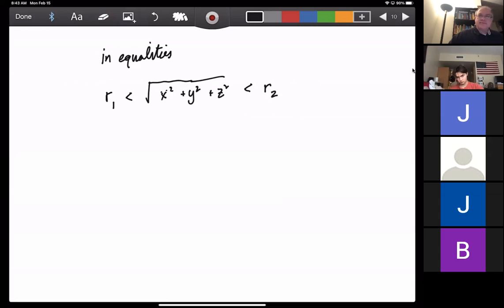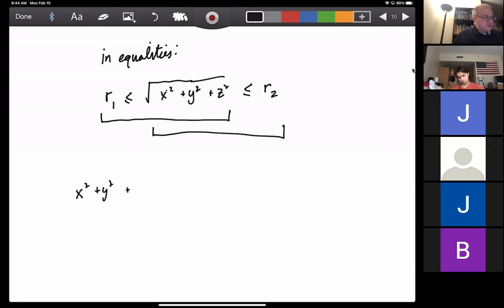So just like inequalities in 1D or 2D, you can always figure out what's going on by looking at one of the inequalities at a time. So if you have something like the square root of x squared plus y squared plus z squared, it's going to be less than or equal to R1. You can square each side. Assuming both of these are positive, it's okay to square each side.